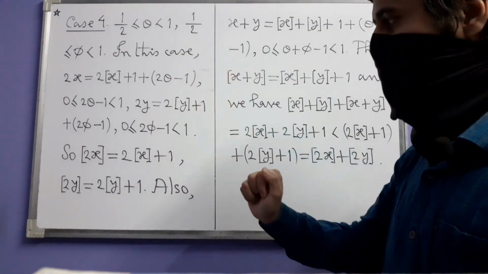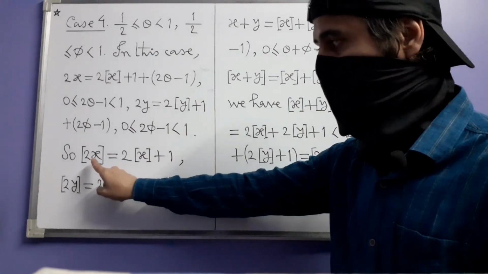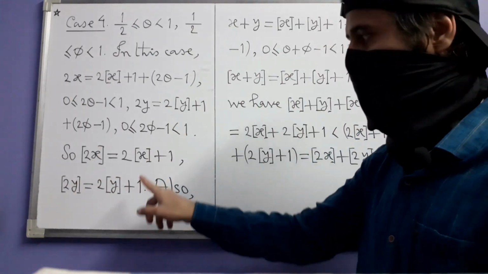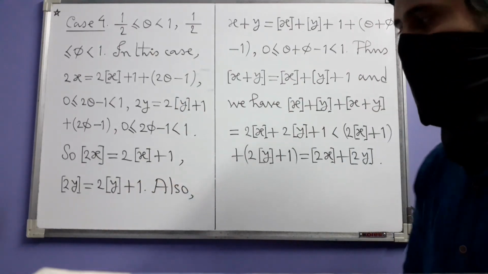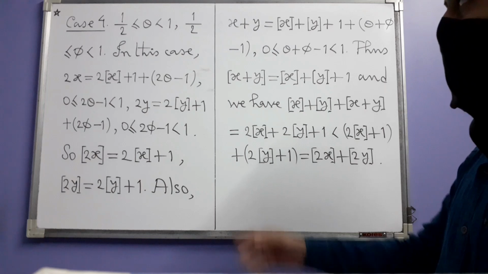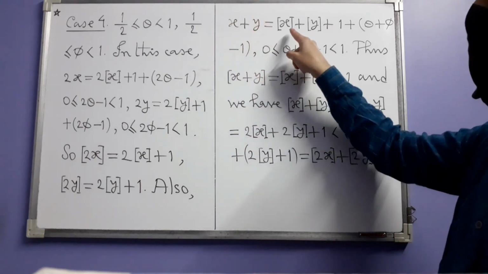And combining all these things, this is what we get. This time both box 2x and box 2y are respectively equal to 2 box x plus 1 and 2 box y plus 1.